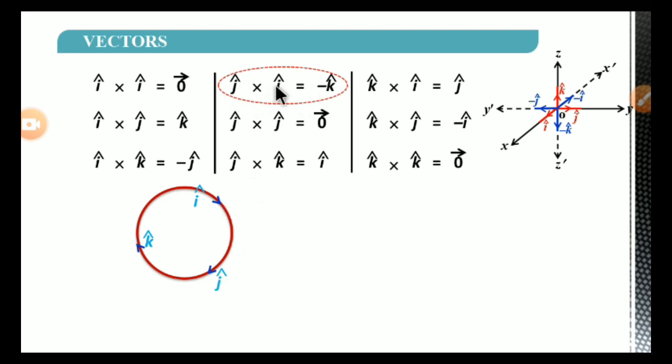J cross I, the next one is k only, but because we have an interchange, it definitely becomes minus k cap. Similarly, j cross k is equal to I, because after k comes I only, and k cross I, the next one is j, and k cross j is equal to minus I, because both are interchanged, which means this becomes minus I. So this is how we can remember easily all these formulae.